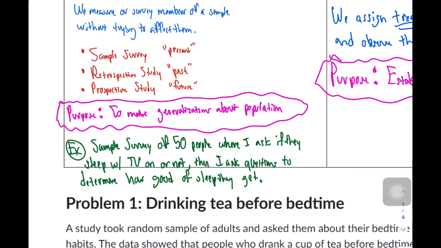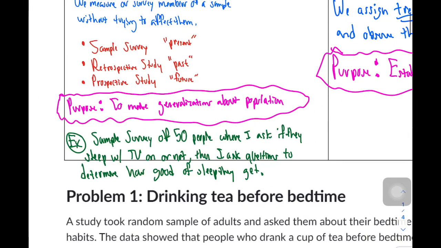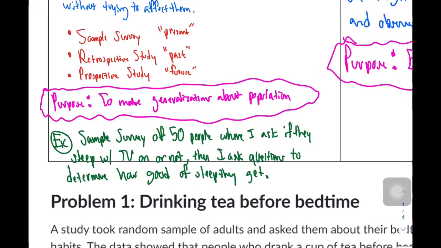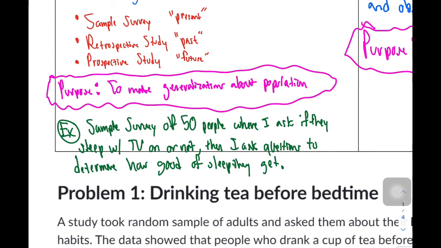And when I say we make generalizations, if we did this survey and we found that generally the people that slept with the TV on got fewer hours of sleep, the generalization we could make is that for the bigger population, in general, people who sleep with the TV on don't get as much quality sleep as those who sleep with it off. That's what a generalization is.